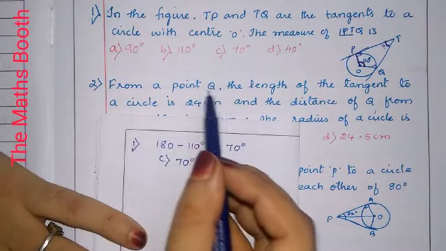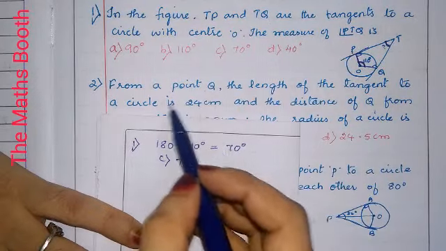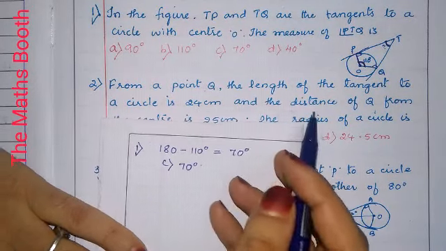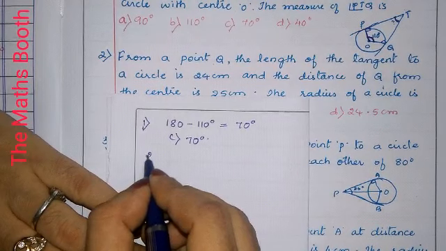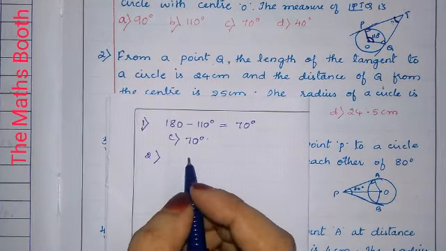From a point Q, the length of the tangent to a circle is 24 centimeters. Here the figure is not given, so we will draw the figure first.